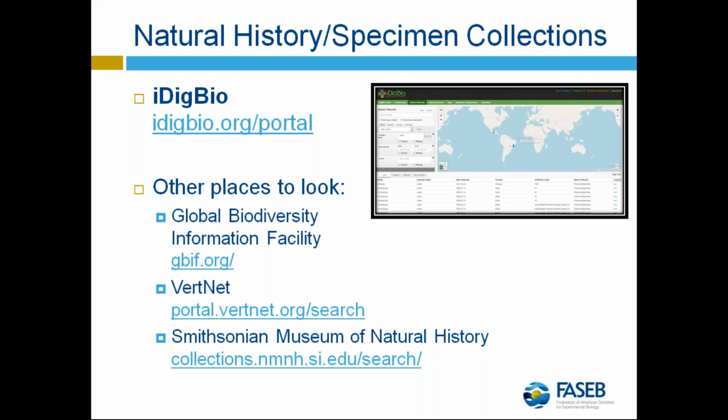Not only can you see where and when a specimen was collected and where it is located, you can also download a high-resolution image of the specimen. Other places to look for natural history collections include the Global Biodiversity Information Facility, or gbif.org, VertNet, and the Smithsonian Museum of Natural History Search Tool.